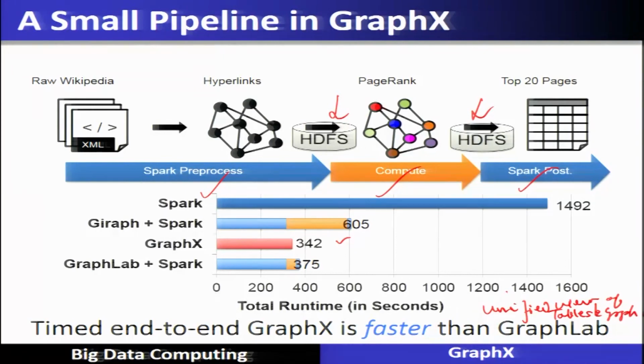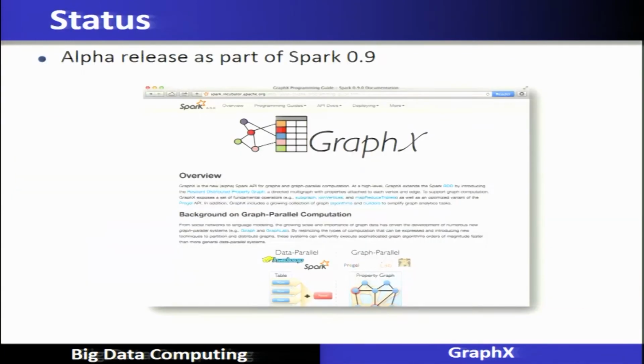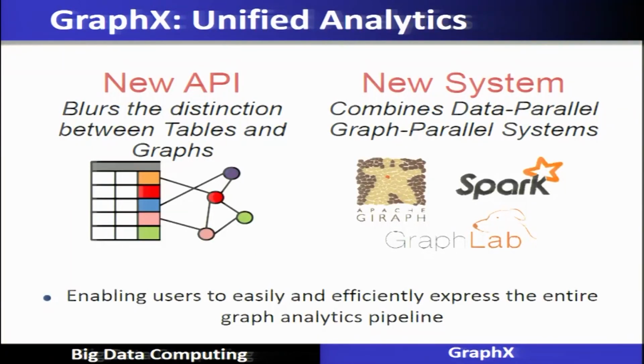So the GraphX stack has these features: a few lines of code written above Spark, and different algorithms available either through the Pregel or GraphLab APIs or directly, implemented as libraries of GraphX. Here we have discussed GraphX, which is an alpha release, a part of Spark 0.9.